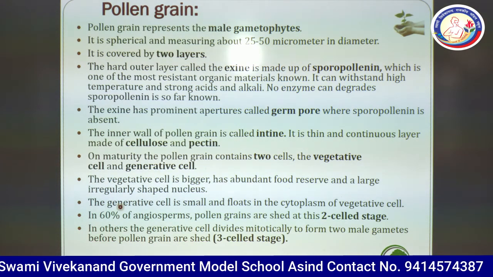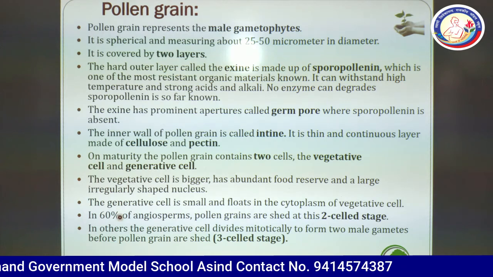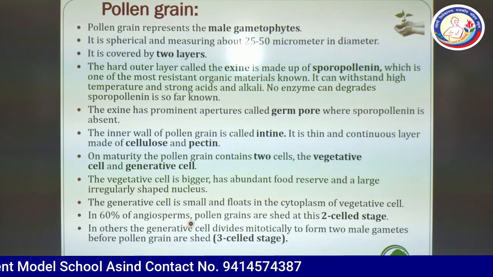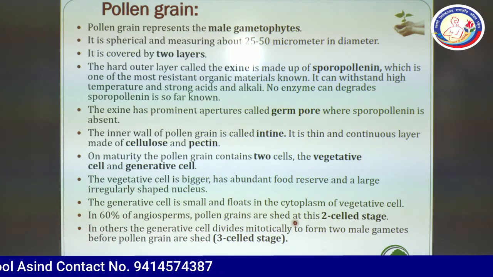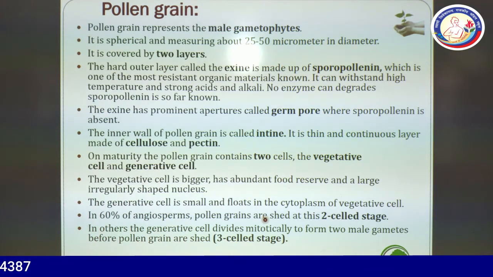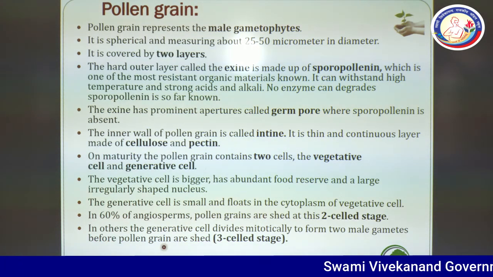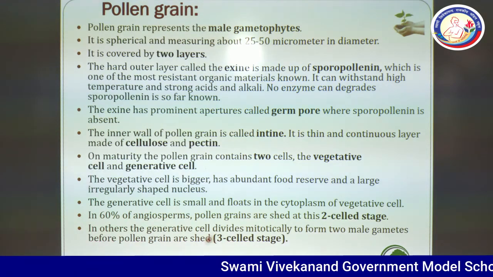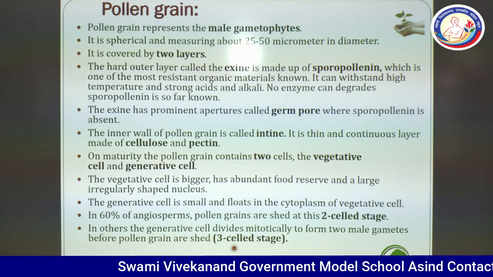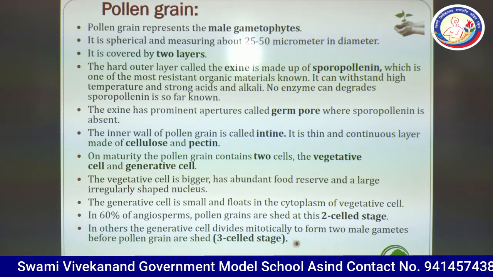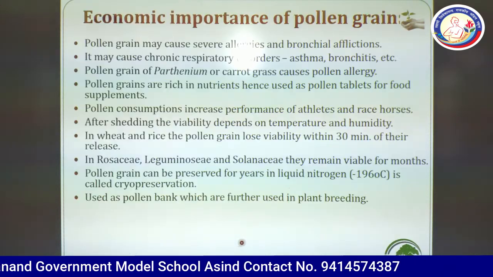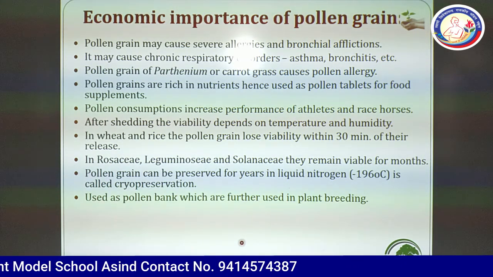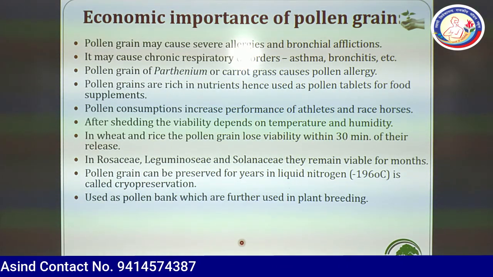And if we discuss, in 60% of angiosperm plants, pollen grains are shed at the two cell stage, while in the rest of the 40% of angiosperm plants, pollen grains have a three cell stage structure. So this is the pollen grain.